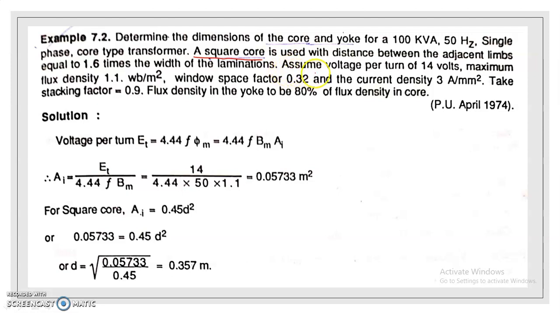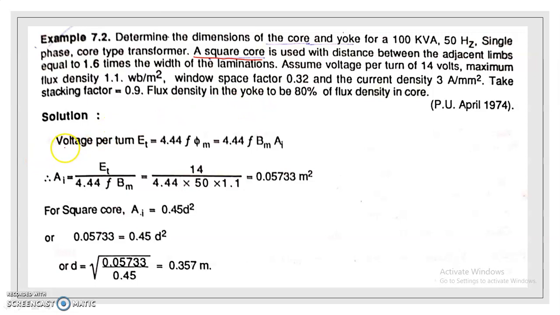Assume voltage per turn, meaning ET is given, EMF per turn 14 volt. Maximum flux density is given, BM 1.1 Weber per meter square, window space factor 0.32, and current density 3 ampere per mm square. Take the stacking factor 0.9, flux density in the yoke to be 80% of flux density in core. Let's start.